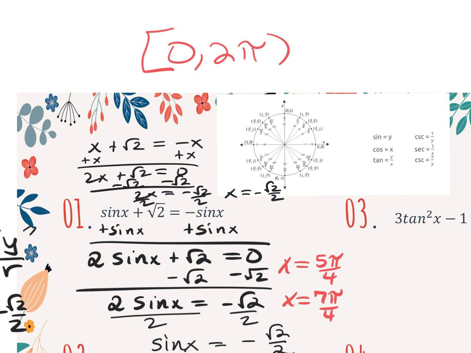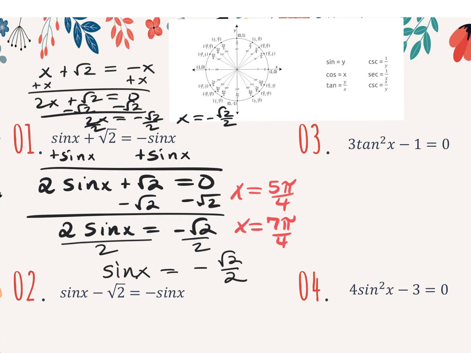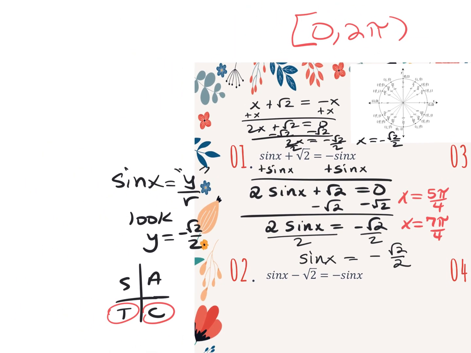Now, on an SAT, if they say give the general form or give all values, then what you would do to this would be to take 5 pi over 4 and you would add 2n pi.